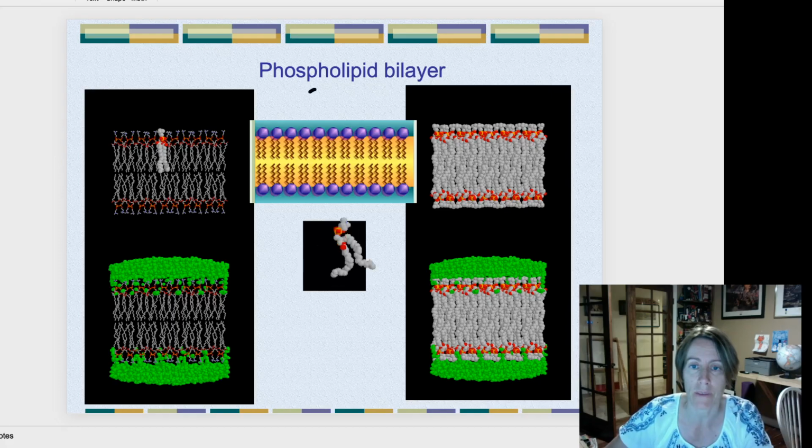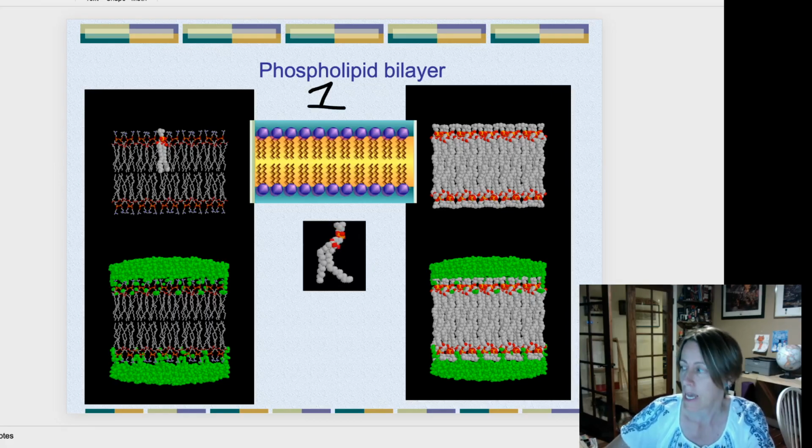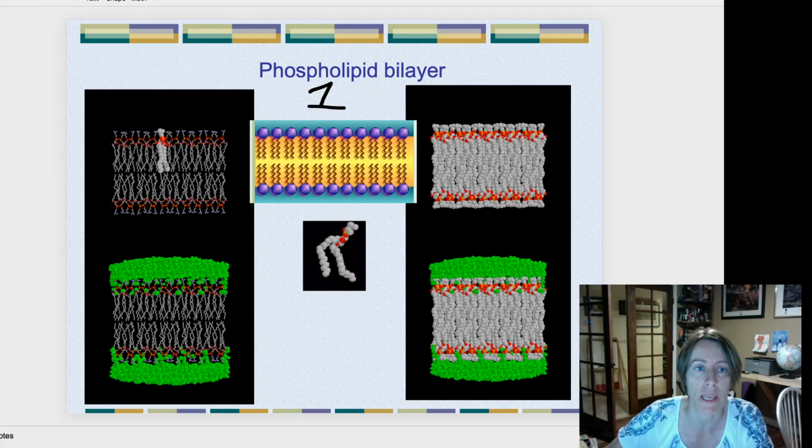The first one right here in the middle, a very cartoony looking one, purple and yellow. And then over here we see the molecules shown in different ways. So here you can see the heads at the top and at the bottom, and then the tails are these gray pieces. Again, you see the same thing over here.